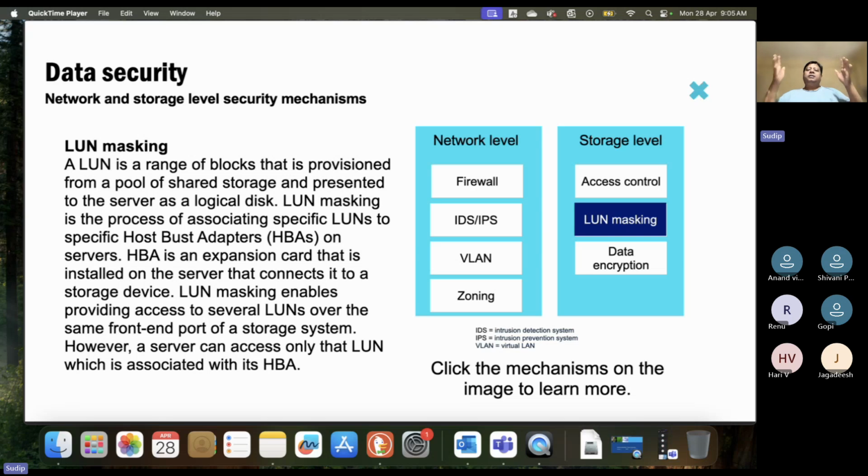Now, what is a LUN? We understood that a storage system has a huge amount of storage space created by adding hundreds of hard disks or SSDs together. On these hard disks and SSDs, we can apply RAID for data protection or we can apply erasure coding. We learned the difference between both of them, right?